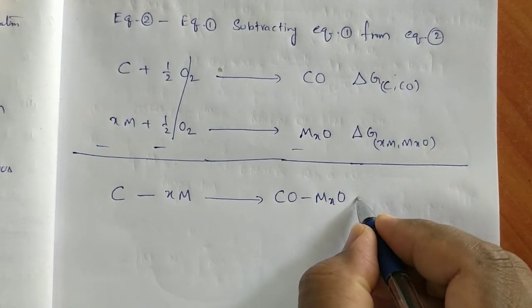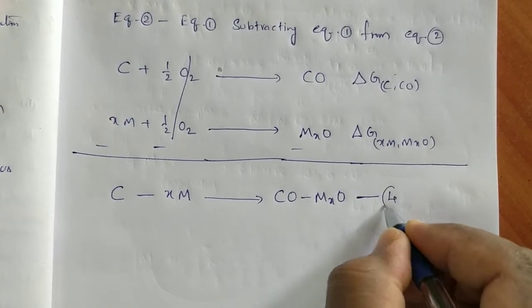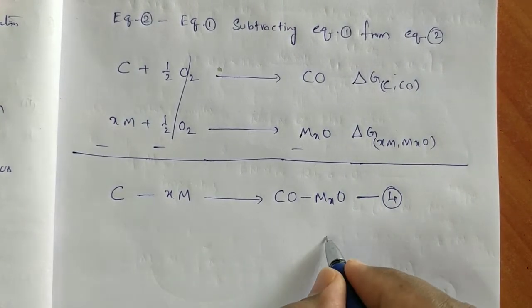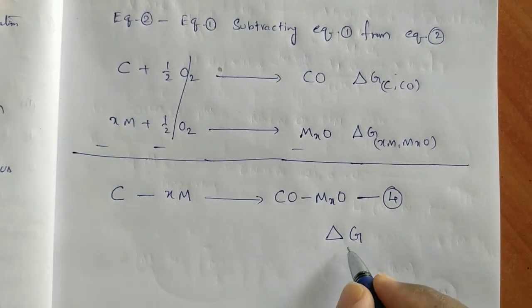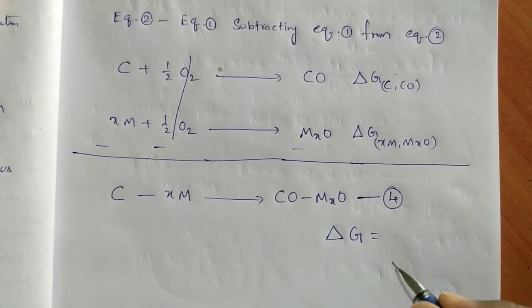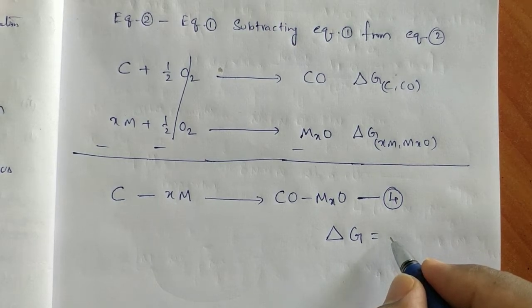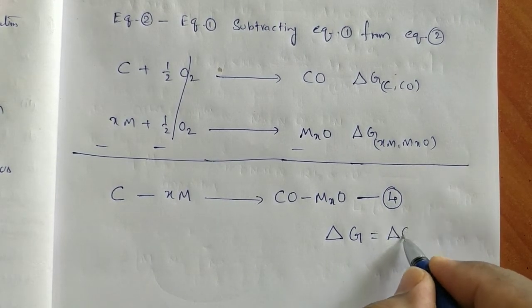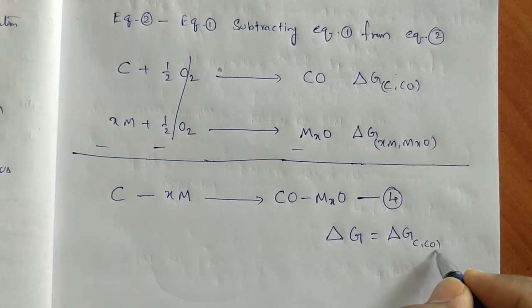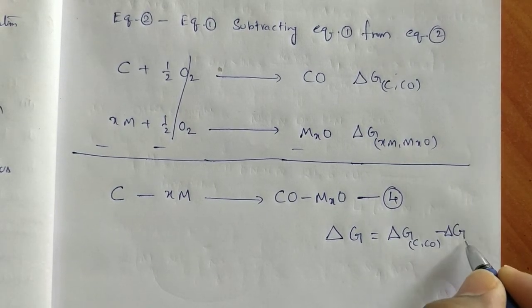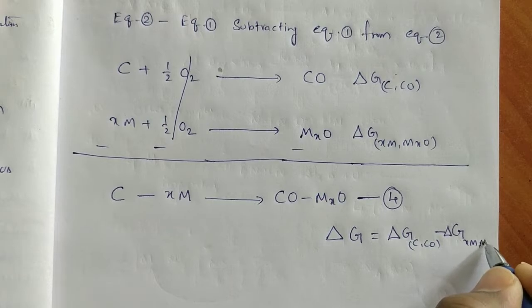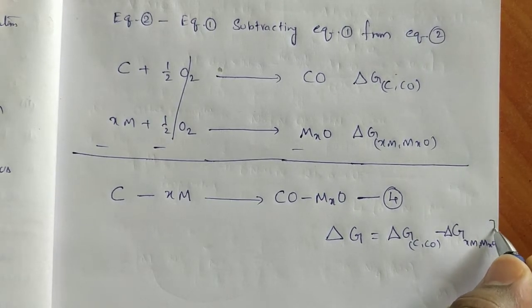This is equation 4. For this equation, delta G is equal to equation 2 minus equation 1, delta G of C comma CO minus delta G of XM comma MXO.